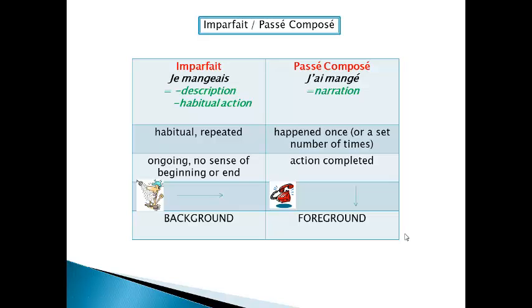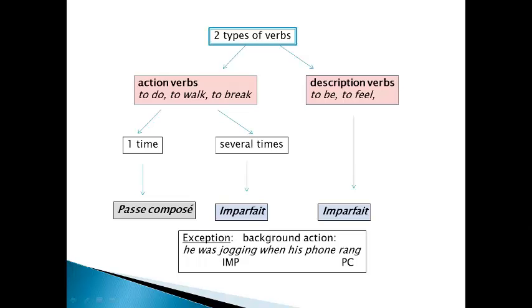Let me tell you exactly the same thing in another way. We have 2 types of verbs. We have action verbs, like to do, to walk, to break, and we have description verbs, like to be, to feel, etc. For action verbs, if things happen one time, you're going to use the passé composé. If they happen several times, you're going to use the imparfait, okay?